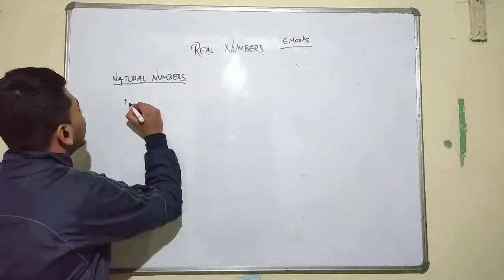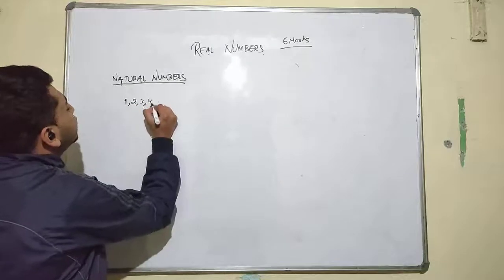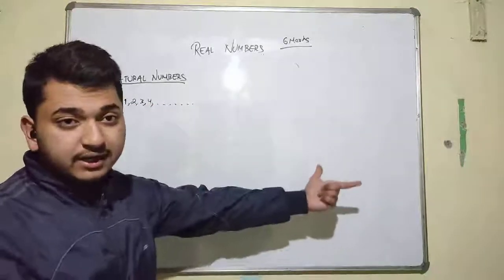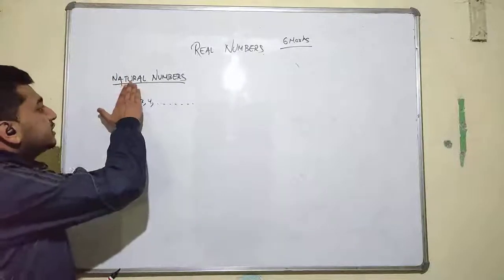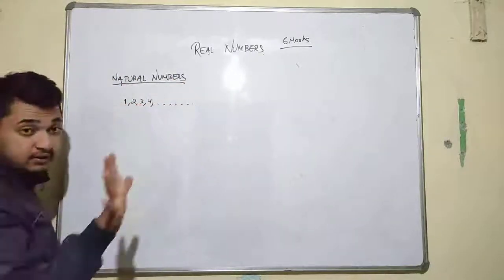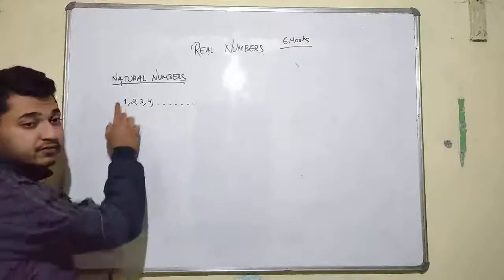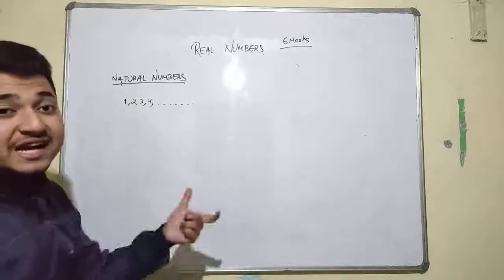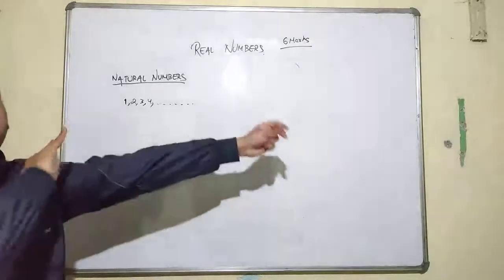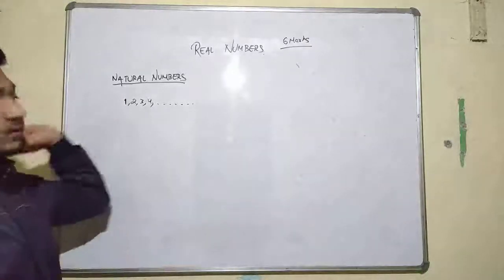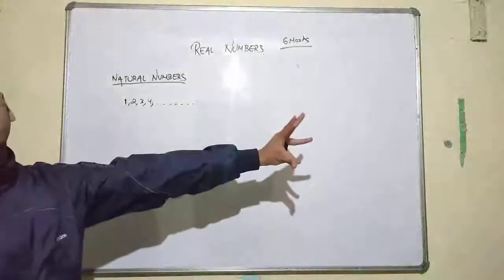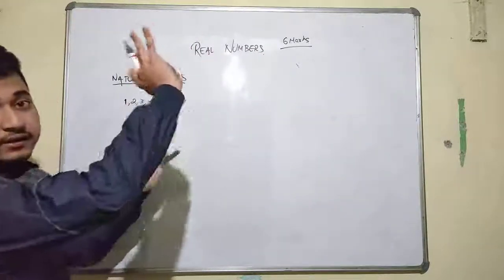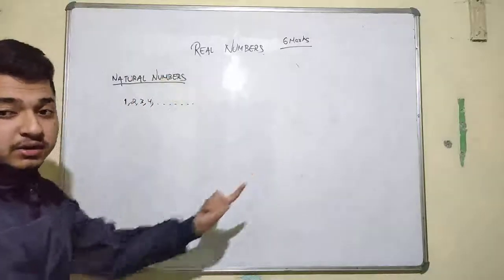Like 1, 2, 3, 4, and so on. We don't know where the numbers end, right? So they all come under natural numbers, starting specifically from 1. The numbers from 1 to infinity, right? We don't know how far they can go. So starting from 1 to far away is your natural numbers.